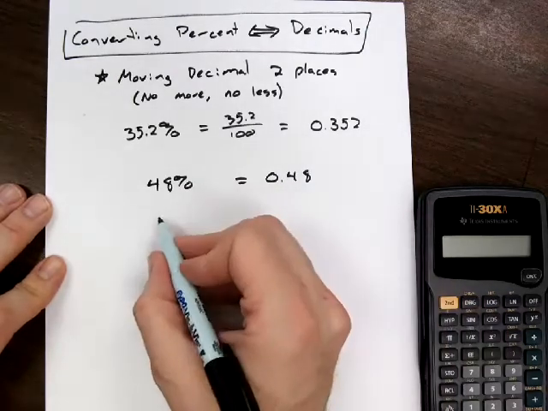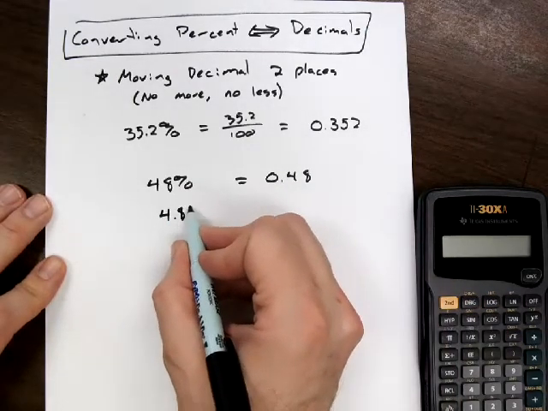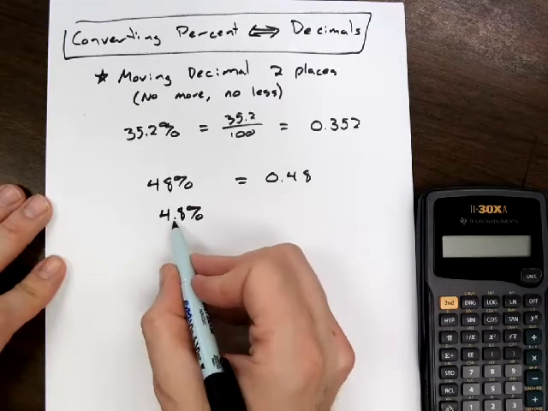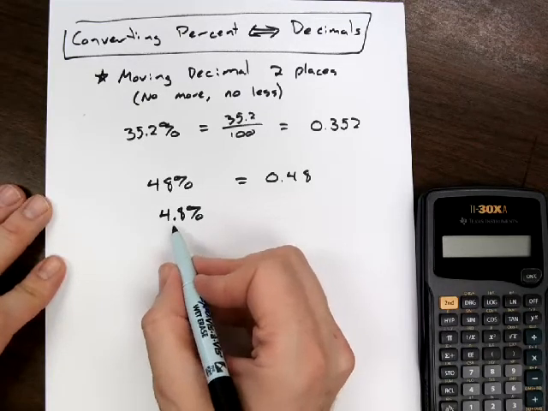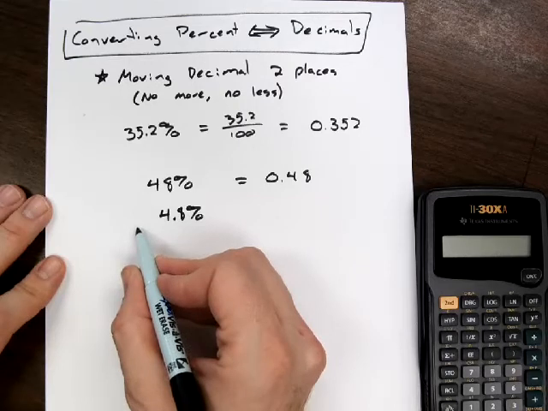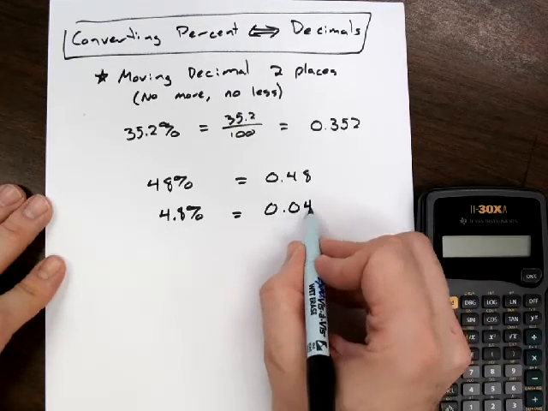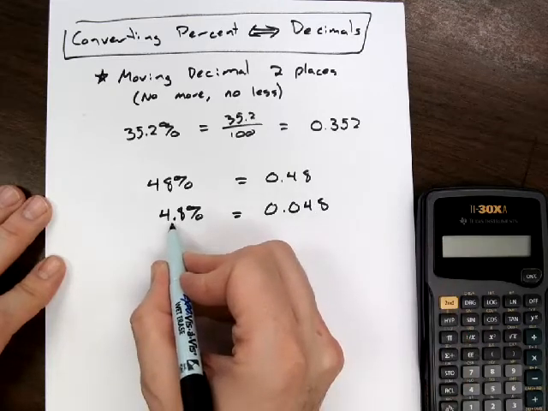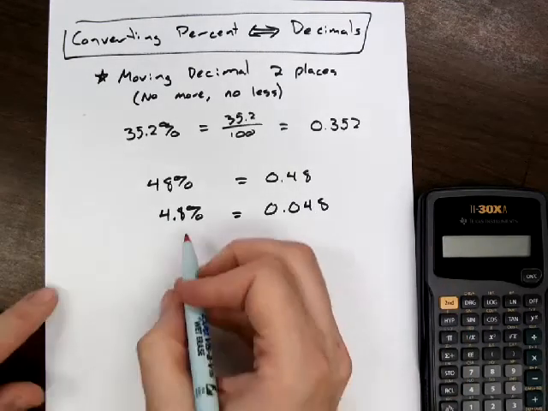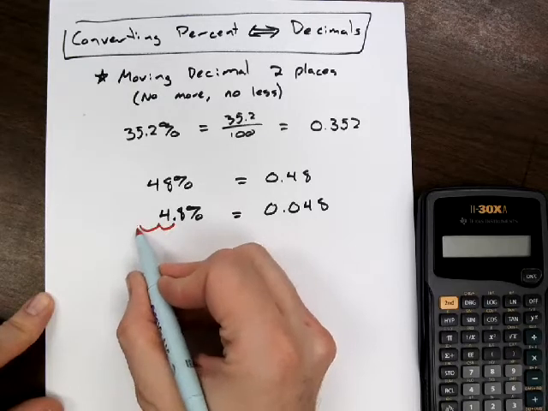What happens if I've got 4.8%? Again, we're going to move that decimal 2 places. Notice that that's going to be 0.048. We've moved that decimal 2 spots: 1, 2.